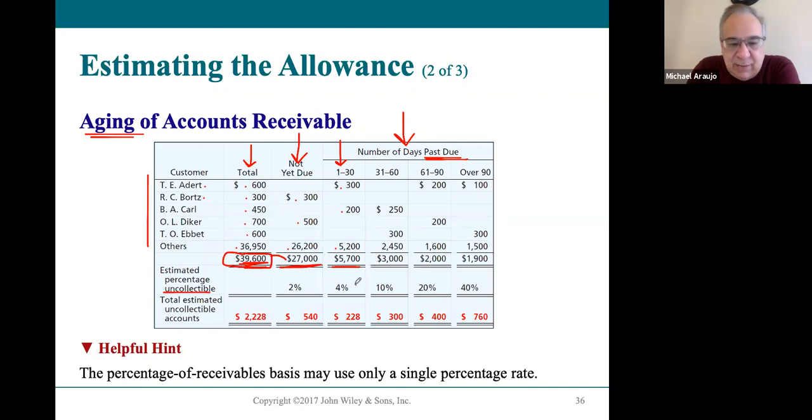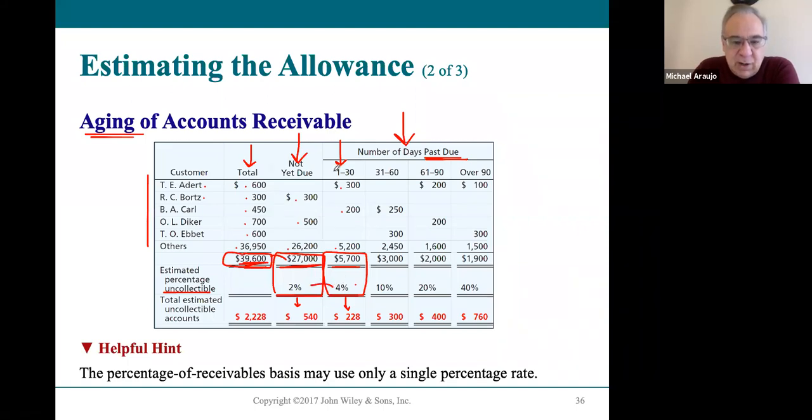They believe that 4% of the folks who are late, the amount, is going to end up being bad debt. That's their estimate. That is twice as high as the folks that aren't due. They're expecting only 2% of these folks not to pay, or a total of $540 of 27,000. But you see it doubled here.